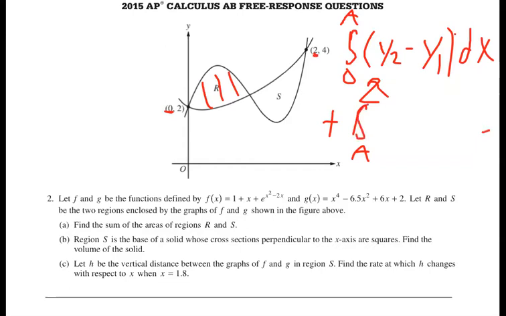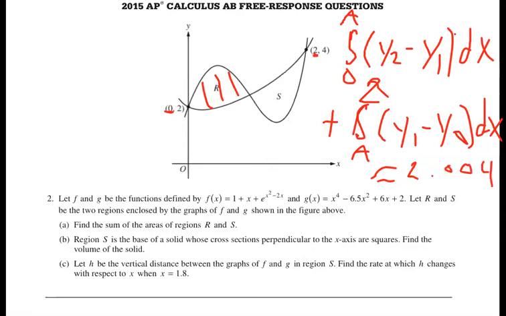The thing that switched is now f of x is on top. So we would put y1 minus y2 dx. And you hit equals on your calculator. And that's going to round to 2.004. And that's going to be the answer to the first one.